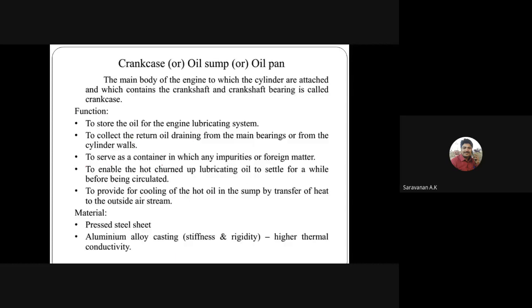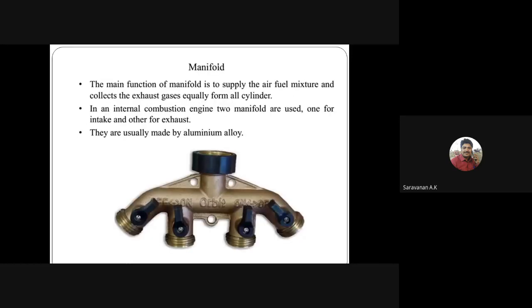Then the crankcase is pressed sheet steel or aluminum alloys for high thermal conductivity. And the inlet and exhaust manifold is made of aluminum alloy.